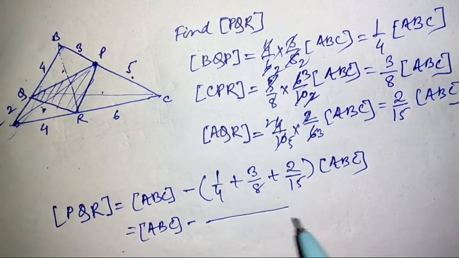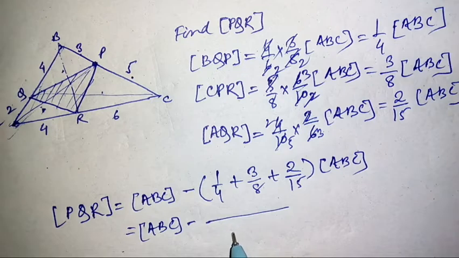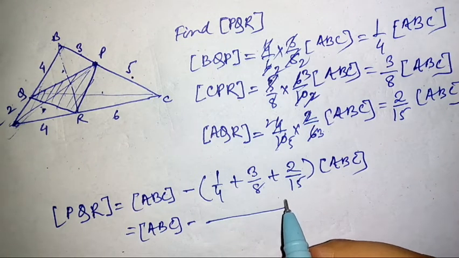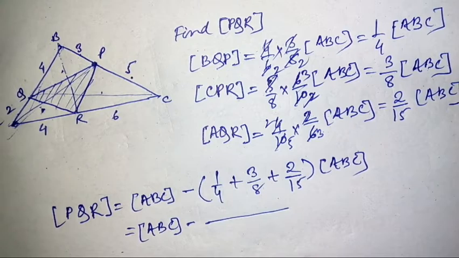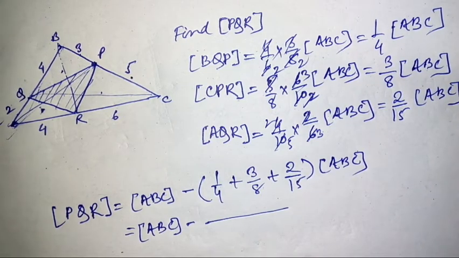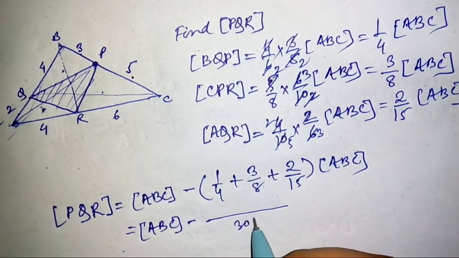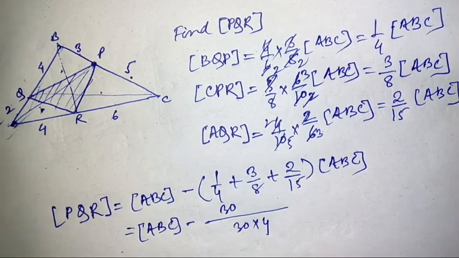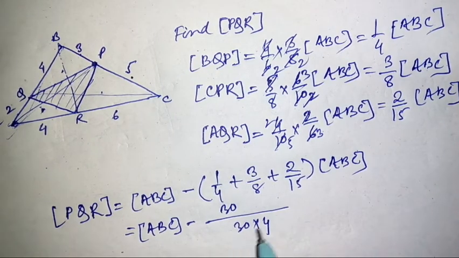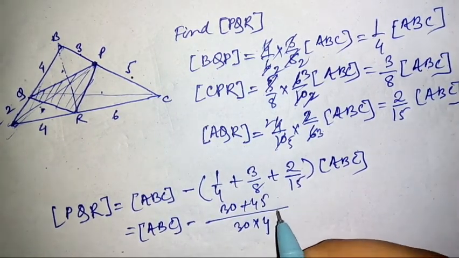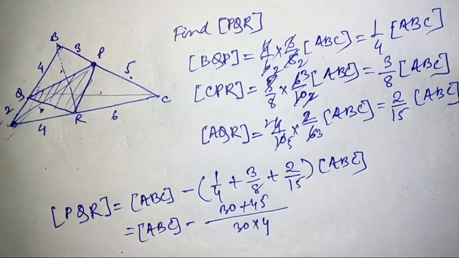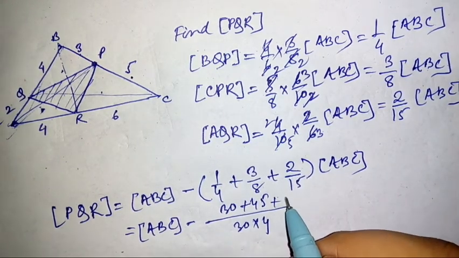Now it is pure calculations. What shall we take? What will be the LCM? Let me calculate the LCM. The denominators are 4, 8, 15, so the LCM is 120. 30 into 4, 15 into 8, 45 for 3 by 8, and 16 for 2 by 15.